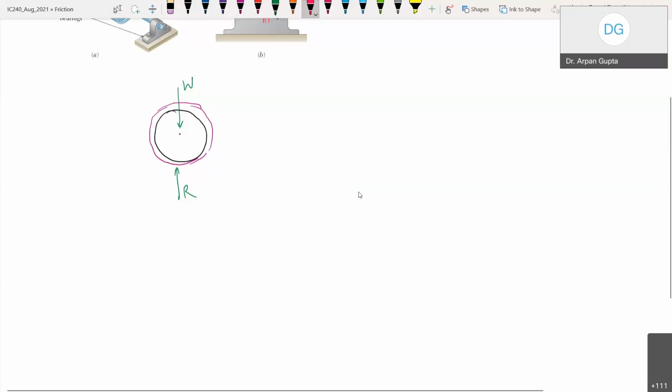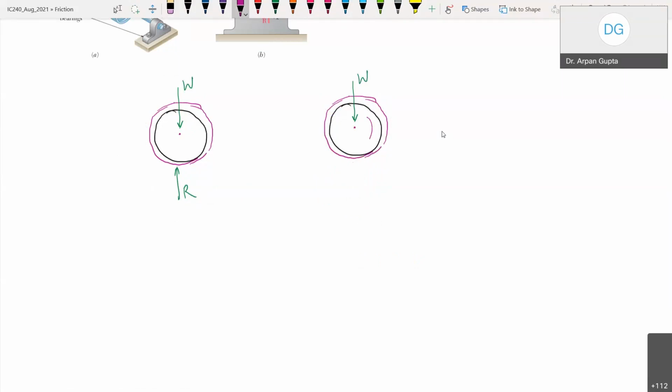Now, as it starts rotating, so let's say as we start rotating this shaft, then the reaction force is going to shift from this position. So if I start rotating this thing, then you will see that this black shaft is going to climb up the journal a little bit.